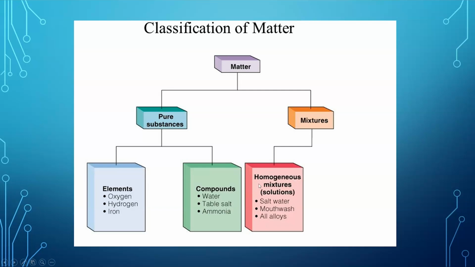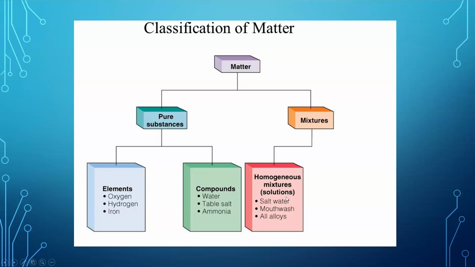So in addition to being uniform, the materials also have to be intimately mixed. That means that the smallest pieces of the material are blended together. When salt dissolves in water, the individual sodium and chloride ions are floating around along with the individual molecules of water.